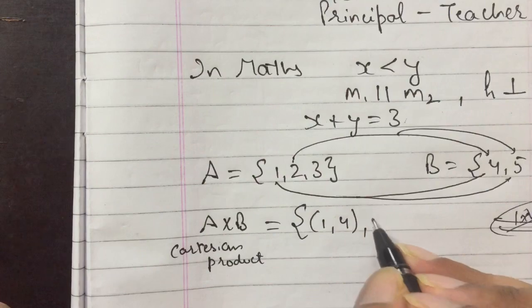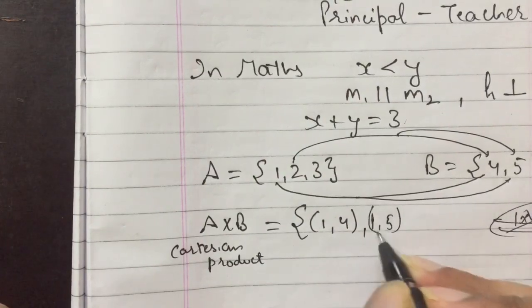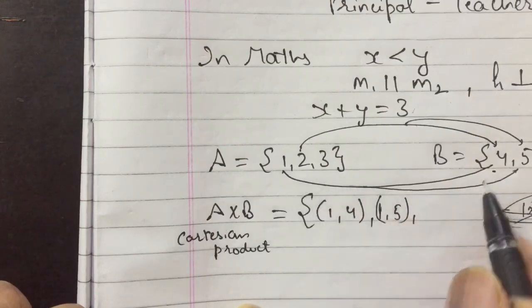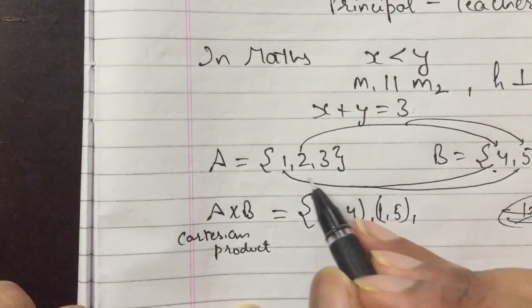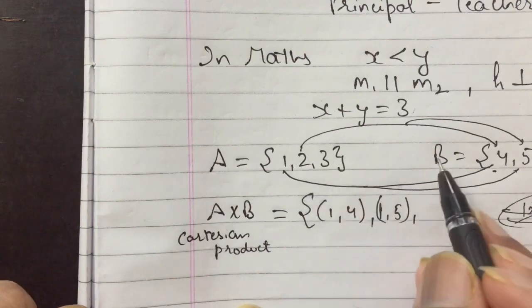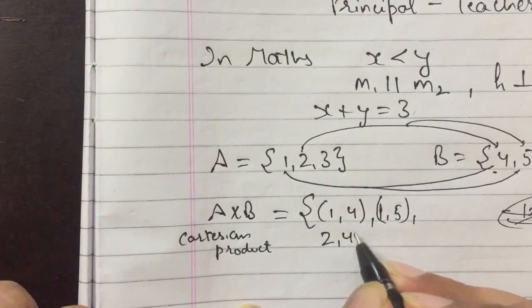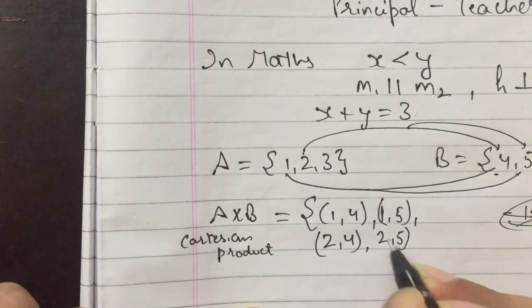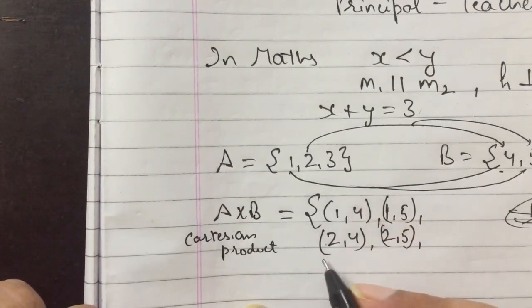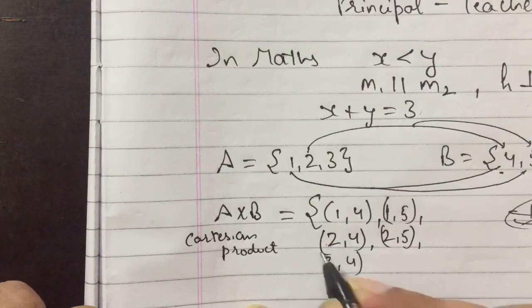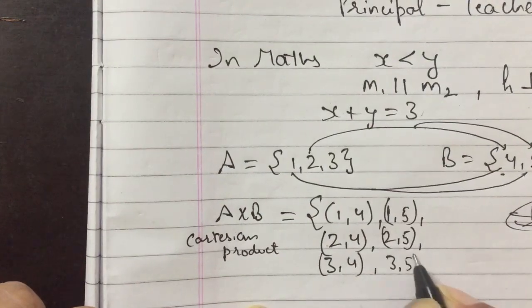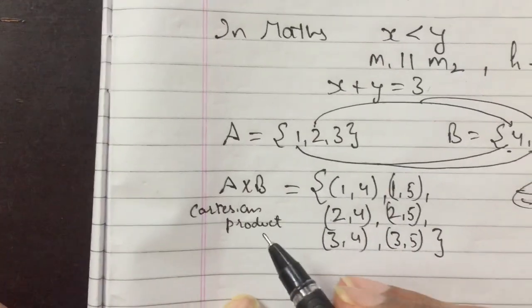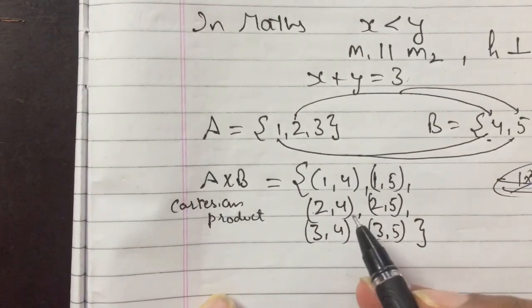Second, (1, 5), another product. Now 1 with 4, 1 with 5 done. Let's do it with 2 also: (2, 4) and (2, 5). Similarly with 3 also, (3, 4) and (3, 5). So this is A cross B, the Cartesian product of A and B.